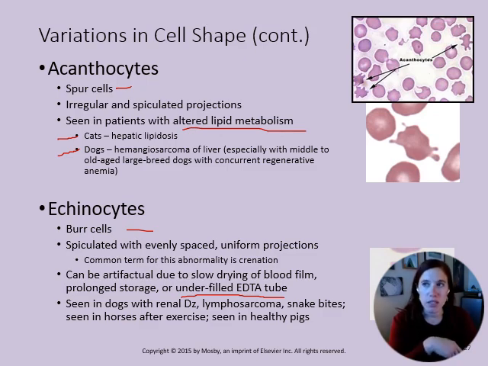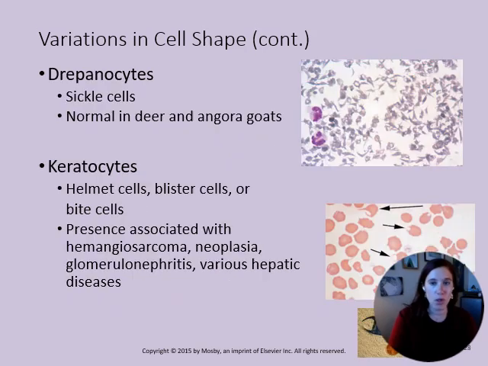And also use context clues and clinical signs and histories to get your full diagnosis, but that is a way. We see this in horses after exercise, and we can also see some echinocytes present in healthy pigs, but this would be a normal thing.